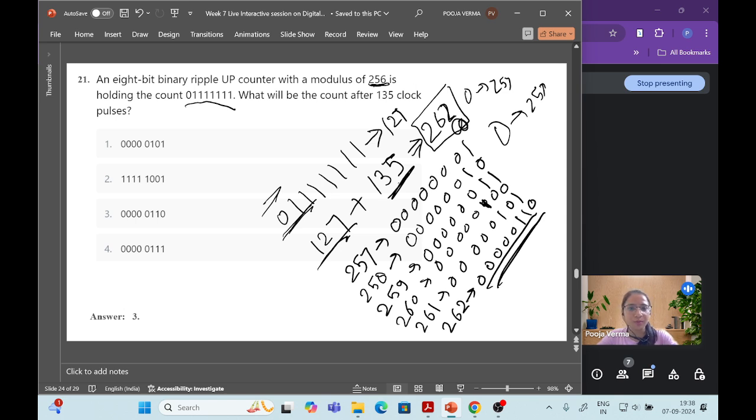So after 255, 256, it will again start counting from the beginning, 0 to again 257. That's why we have taken it like this. So at the 262 clock pulse, we will get this value. So check it from the options. Option 3 is the correct answer. I hope you understand how to solve this question.